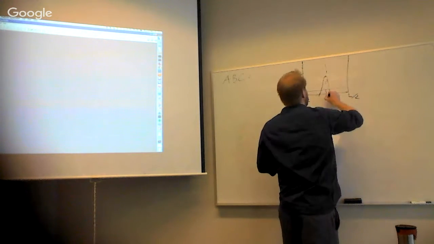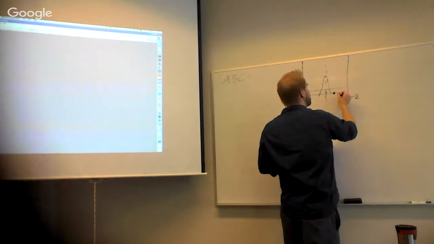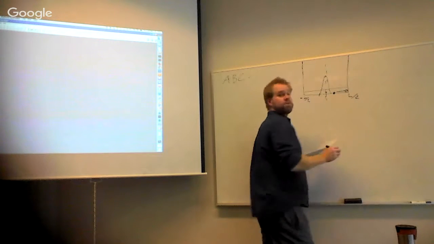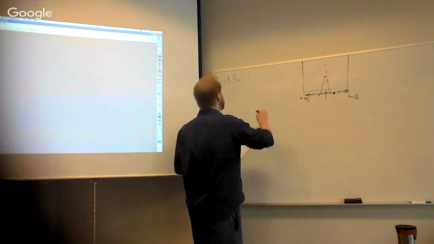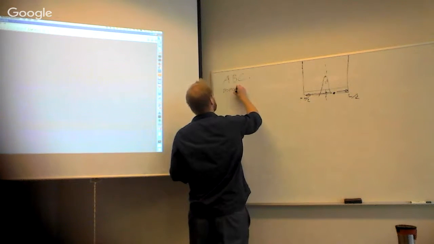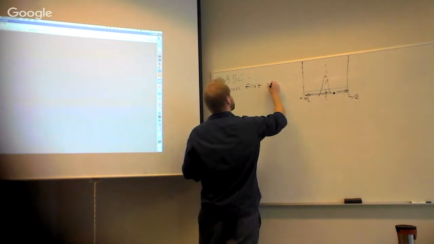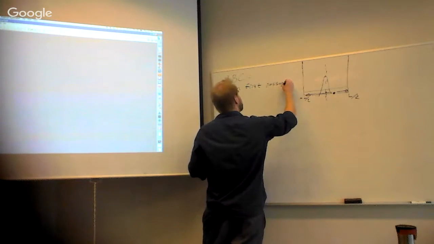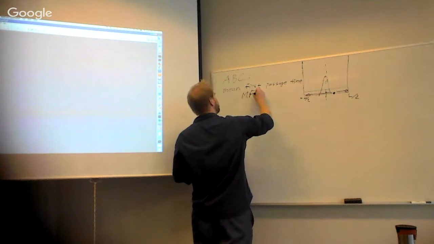And you can really look at it this way: if I start a particle at some location here, how long is it going to take to hit this wall? How long is it going to take to hit this wall? Okay, and this is known as the mean first passage time.